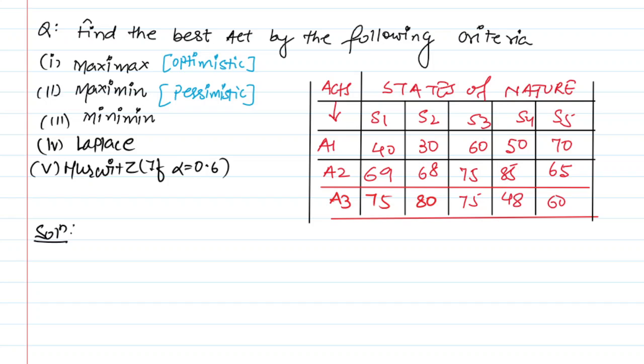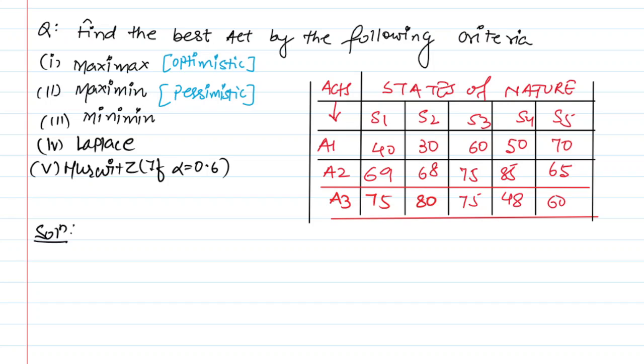So what we have to do is, for every course of action, I repeat, for every course of action, identify the minimum value and the maximum value. Based on these values, I'm going to identify the best act using the Maximax criterion and the Maximin criterion.